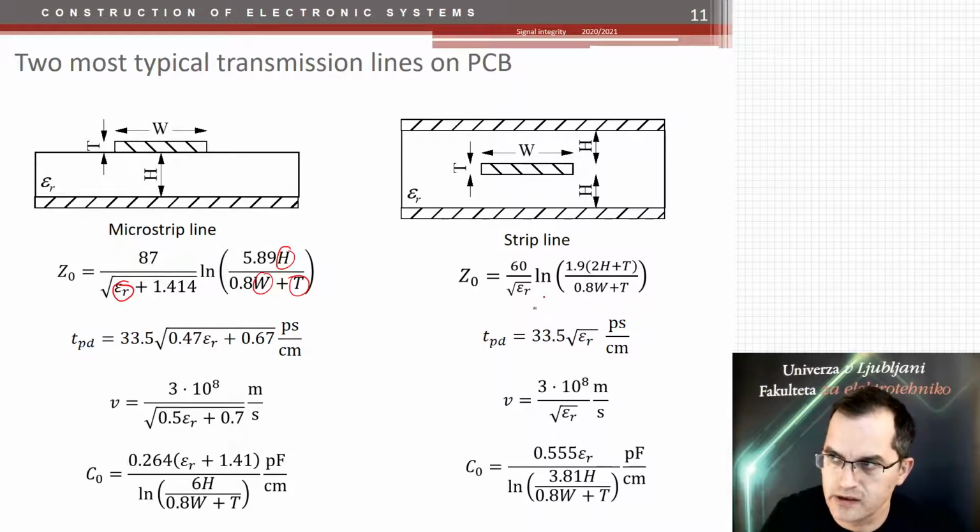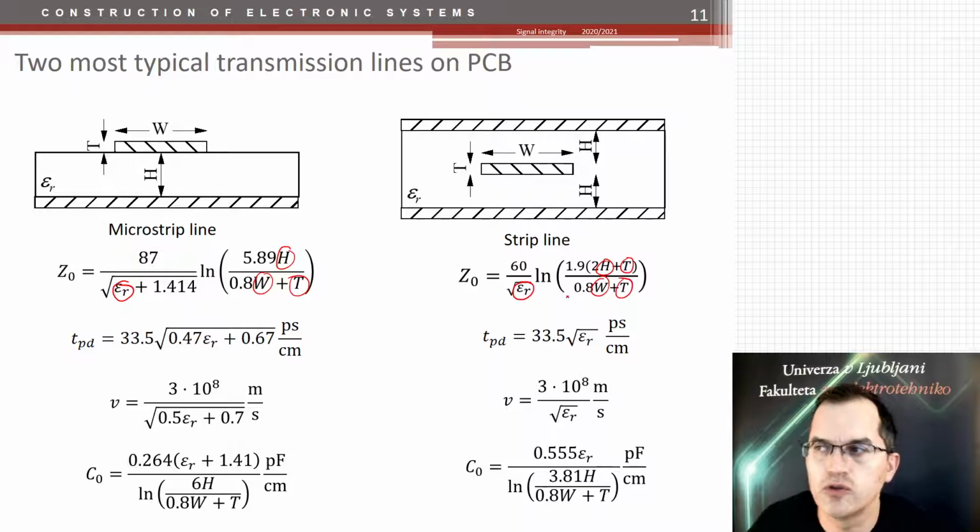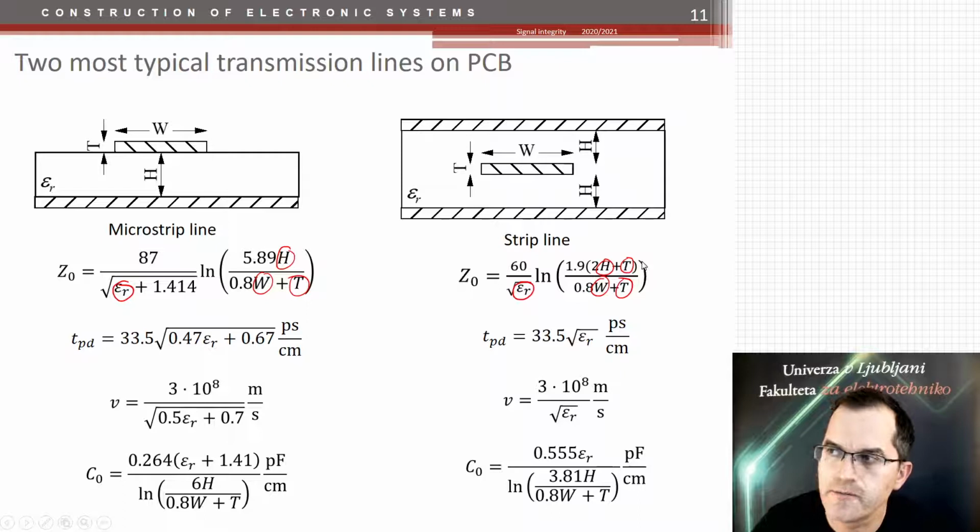So what you should be careful about in order to construct such a transmission line is calculating all the thicknesses according to the wanted transmission line impedance, and then making it according to these results. And from that you can also calculate the propagation speed and the propagation delay.